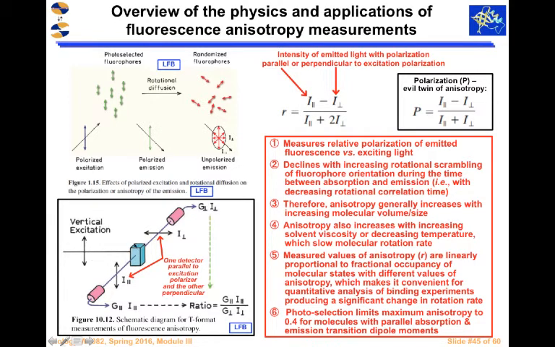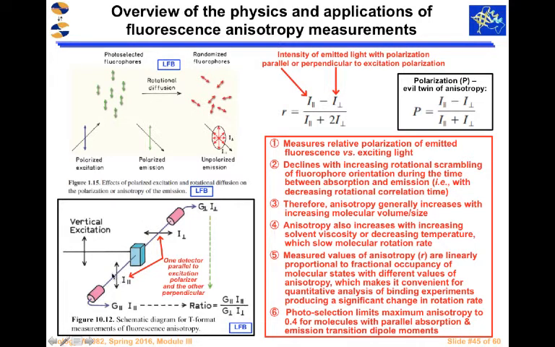So the way the experiment works then is that a polarizer with an orientation parallel to the excitation polarization is put onto one of these two channels. This is a so-called T-format fluorescence anisotropy measurement geometry.